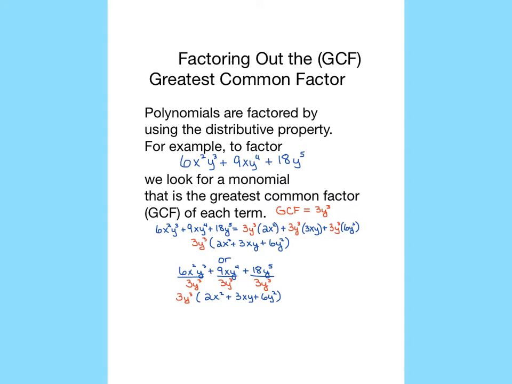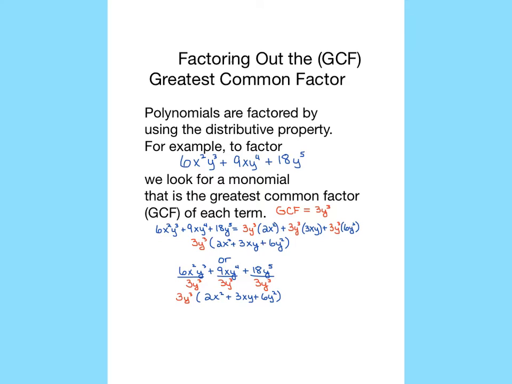The middle term has an x and a y, but that last term only has the letter y. So the only letter that's in common is the letter y. And when you're looking for the greatest common factor, it has to be in common to all of them, so you're looking for the smallest exponent. So of my letter y in each of the 3 terms, it's going to be y to the 3rd power.